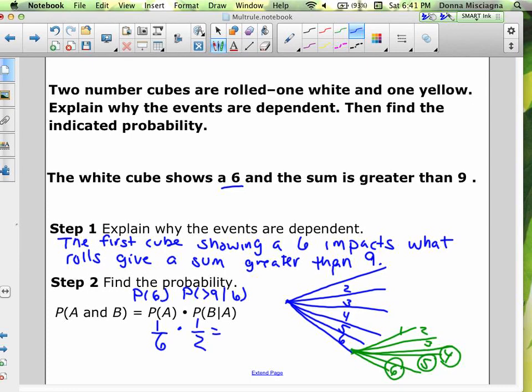So our probability is going to be 1/12. So here, a factor tree might help you figure out all of your outcomes and the outcomes that work. We're not interested in any other number here because it's given that 6 has already occurred. So these are dependent events.